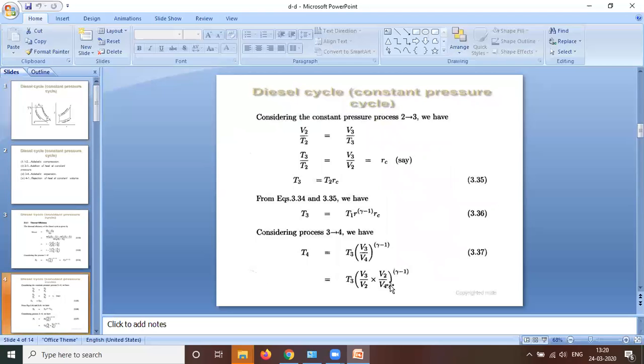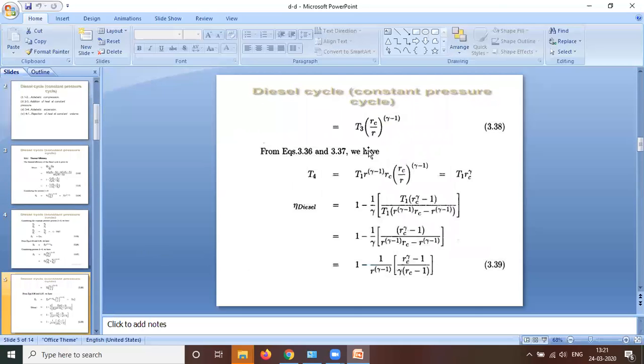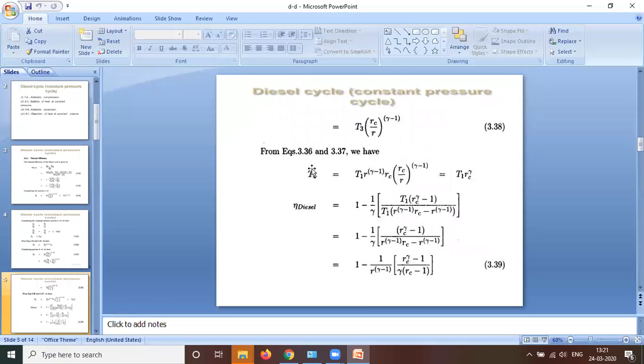That's why we can write rc divided by r, because V3 by V2 is rc and V1 by V2 is r. From equations 3.6 and 3.7, we get T4 equal to T1 r^(gamma minus 1) rc times (rc by r)^(gamma minus 1).